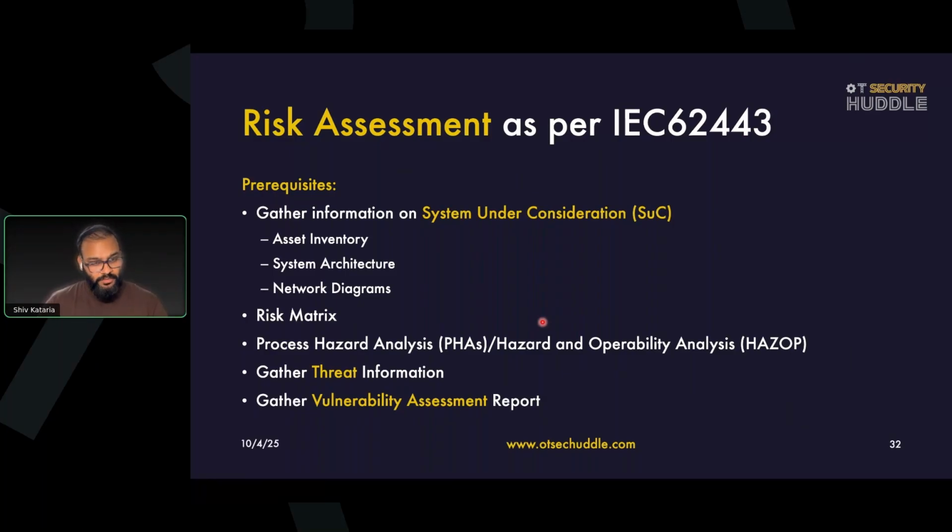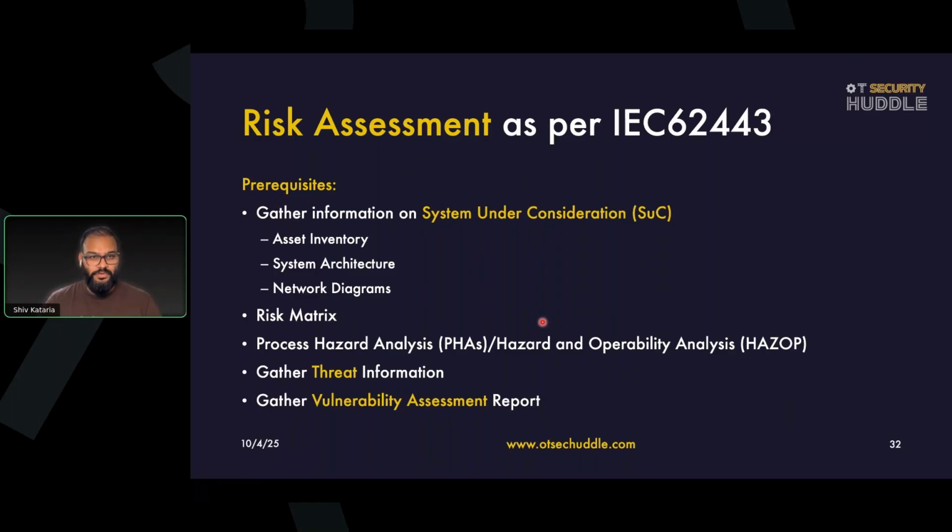Then you gather threat information. What are the threats against that infrastructure that you are assessing, the system under consideration? You also need the vulnerability assessment report for that system. Vulnerabilities can be gathered in different ways. It could be a passive vulnerability assessment through your PCAPs, network captures, the logs of the systems, your configuration files.